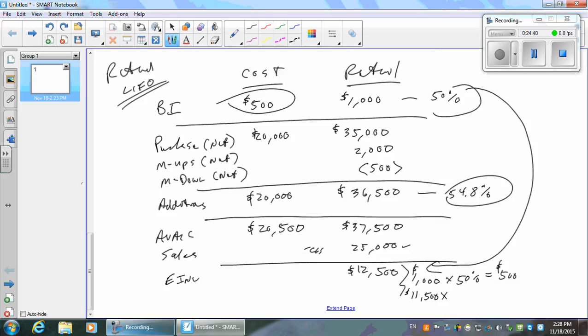New layer, the new stuff we bought is 54.8. And we're assuming there is no inflation here, right? No price level changes. So what's 11.5 times 54.8? 6301. Add the two together, and you will get your ending inventory at cost.